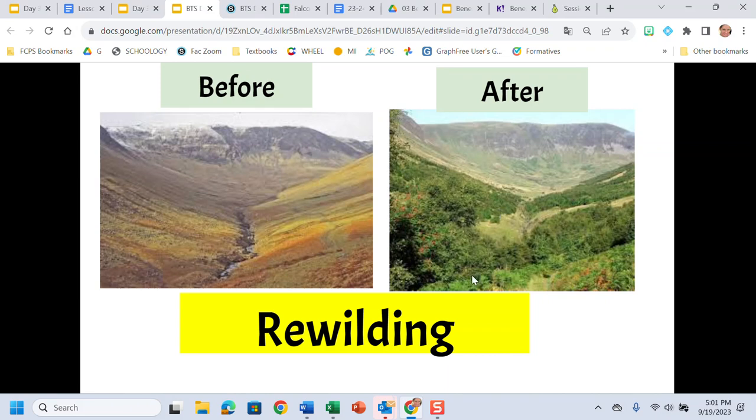If we have made an effort to rewild an area, we are trying to increase the biodiversity of that area. Rewilding means that we want to restore an area of land to its natural state, maybe by introducing or reintroducing species of plants and animals.